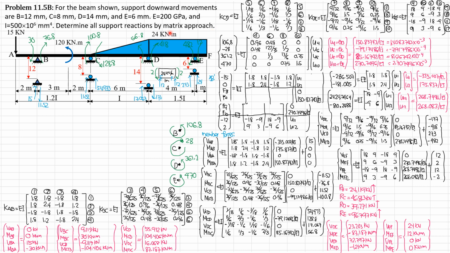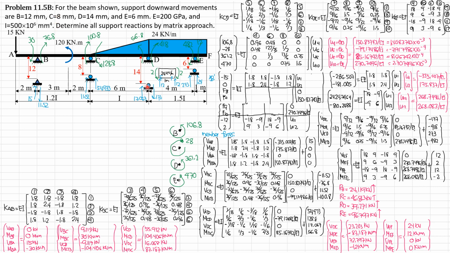There, the problem is solved in more detail than 10.5 by the slope deflection equations, where we just verify the moments at C and D. Then 10.5A, then 11.5A by the moment distribution method, where we also verify the moments at C and D. And this time 11.5B by the matrix approach.